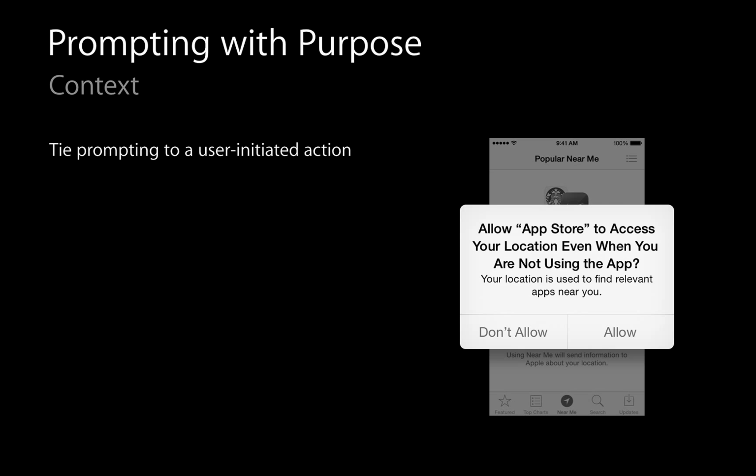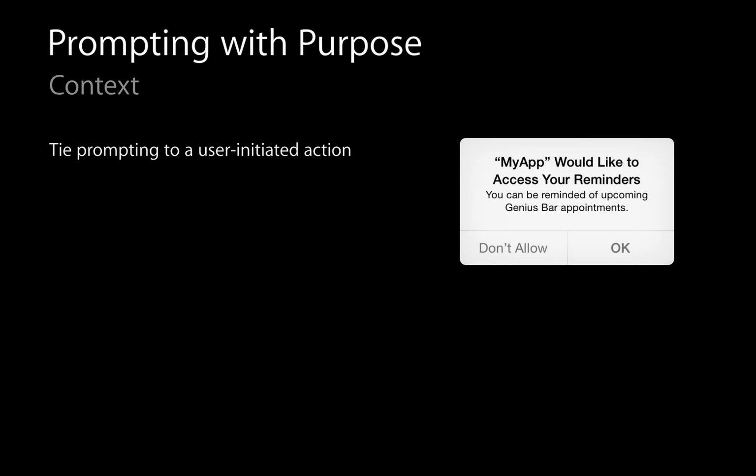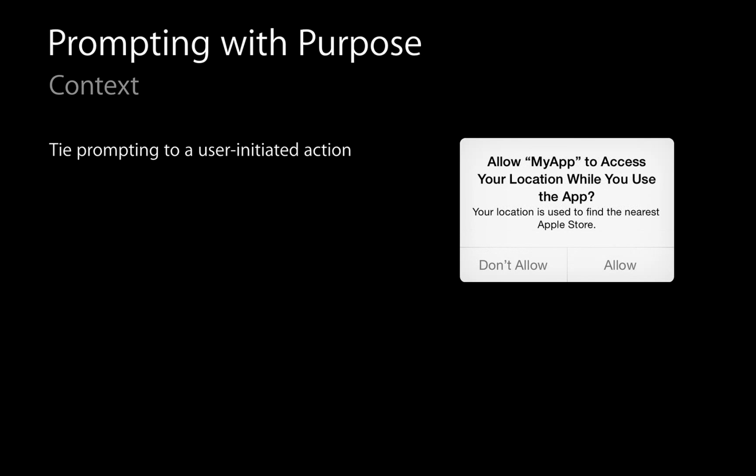Contrast this with a conga line of alerts that are presented to the user right when the application first opens. Not a great user experience. Conga lines don't work because they're not presented at the correct time. So make sure you choose to present yours at the correct time.